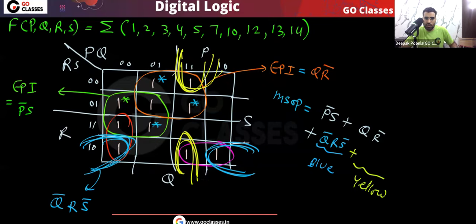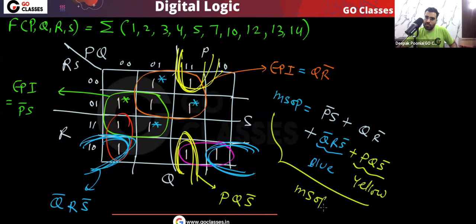And what about this yellow? This is in the area of P, Q, S bar. So this is your minimal SOP 3. So total 3 minimal SOP we have.